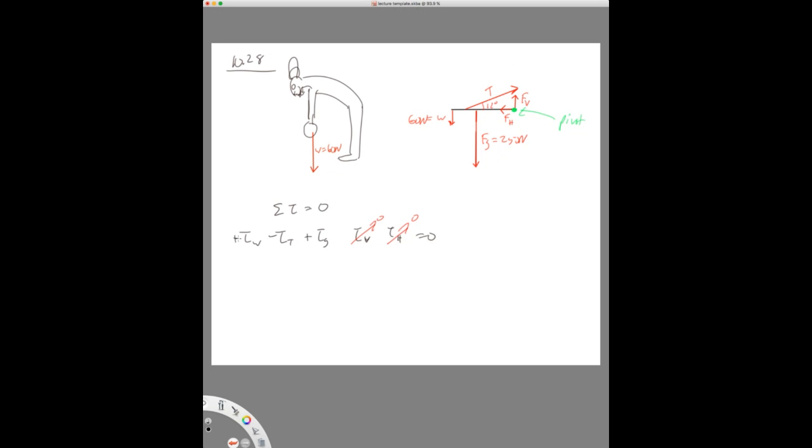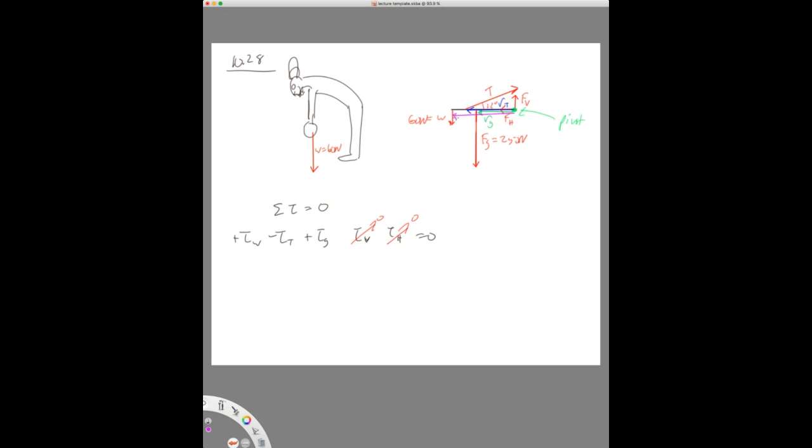Now, I didn't draw in my R's yet. Normally I've been doing that a little earlier, but it doesn't actually matter much what order that step comes in. So we're going to have an RG, and we're going to have an RT, and finally there's going to be an RW.